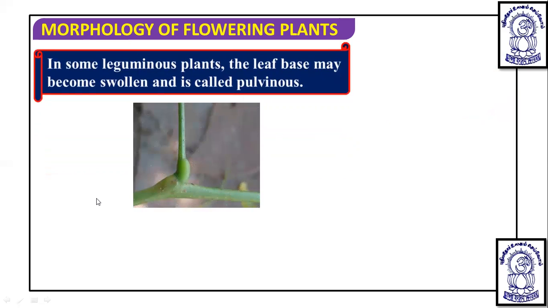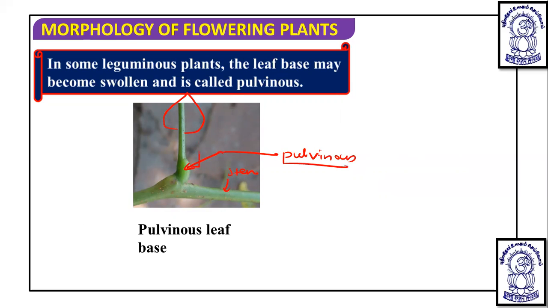Now you can see this particular pulvinus leaf base. This is a stem, and over it the leaf is developing. So this is a swollen leaf base, and this is known as the pulvinus.